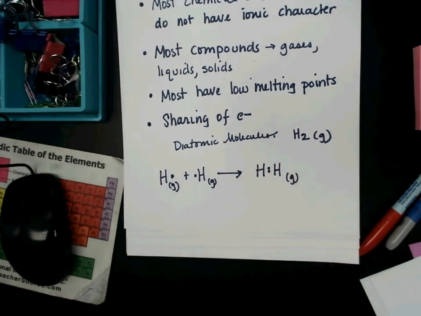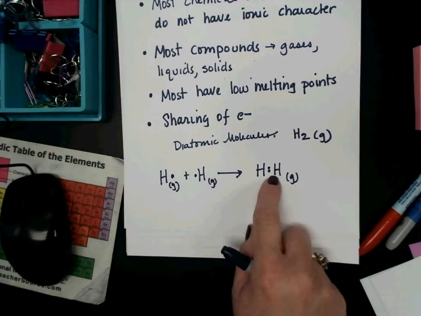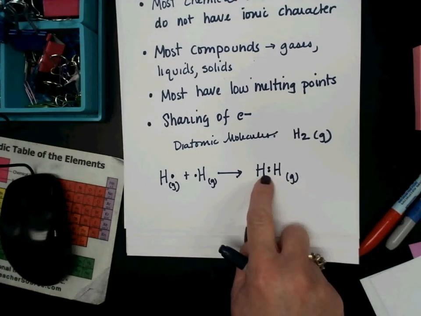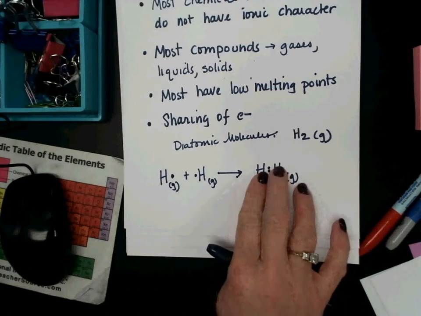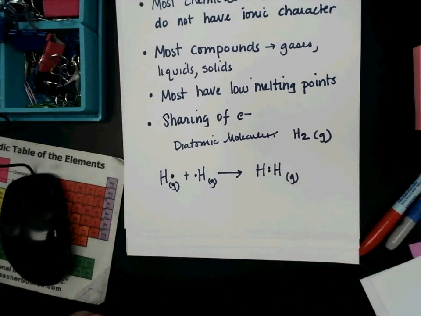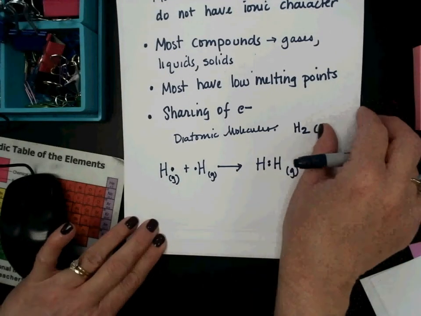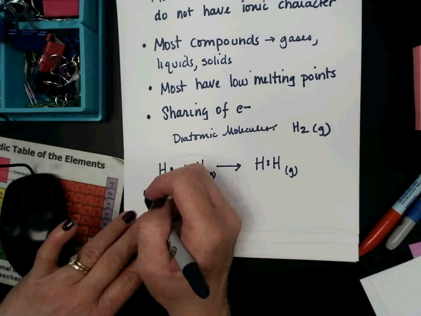What's going on when this comes together is that I actually have the nuclei of these hydrogen atoms. They're repelling each other. I have the electron from this hydrogen atom repelling the electron from this hydrogen atom, but I also have the nuclei of both the hydrogen atoms being attracted to that electron. So ultimately, the attraction between the nucleus and the electrons wins out, and it actually forms a bond where those electrons are shared.